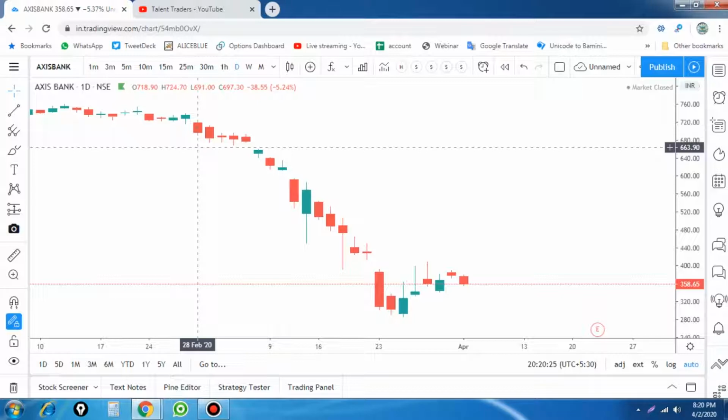It has upper and lower shadows, which are the wicks. It forms after an uptrend or a downtrend, so it is reliable and reversal in nature.